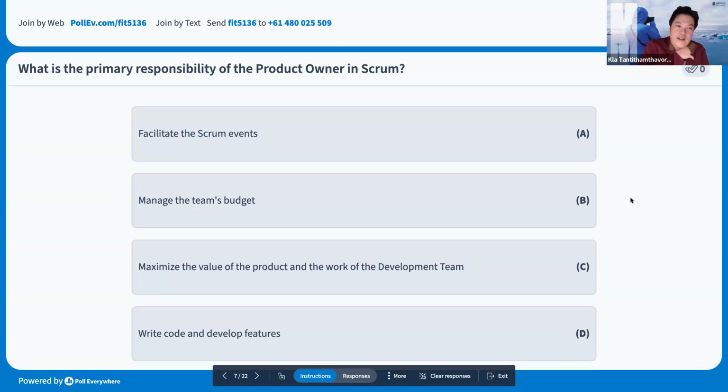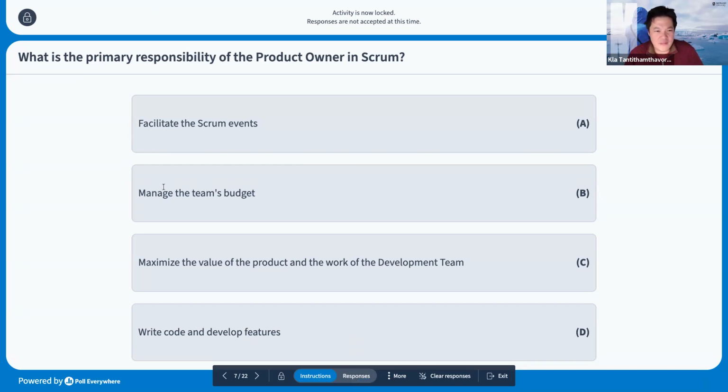What is the primary responsibility of the product owner in Scrum? Let's see the response.